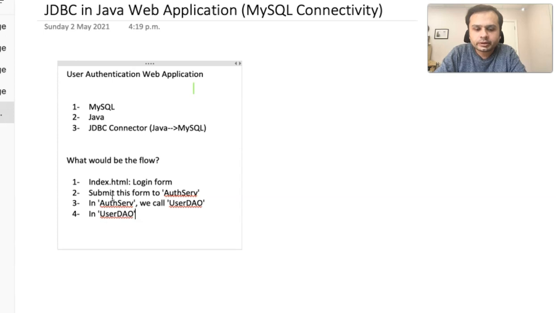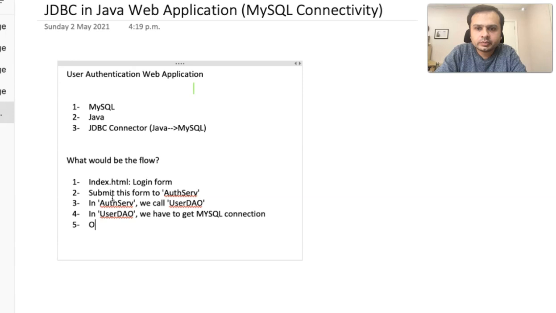So in user data access object, we have to get connection, MySQL connection, right? So it means that we need one class for MySQL connection as well.